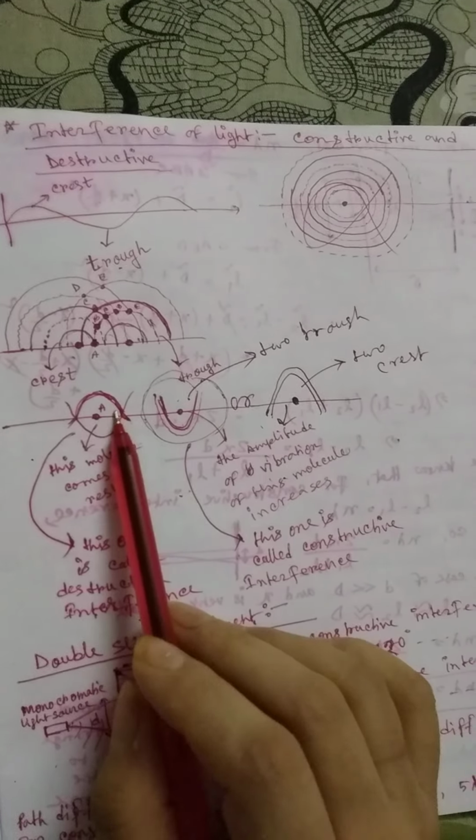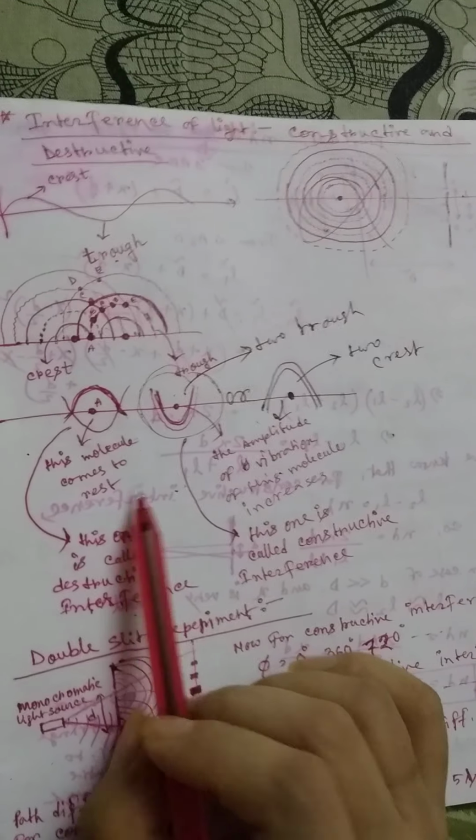And if one trough and one crest interfere with each other, then that is called destructive interference.